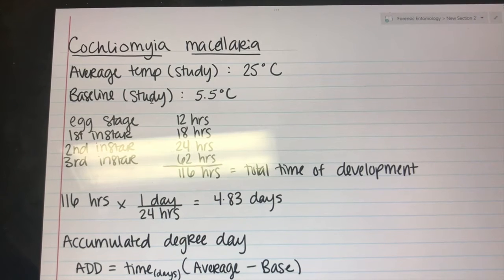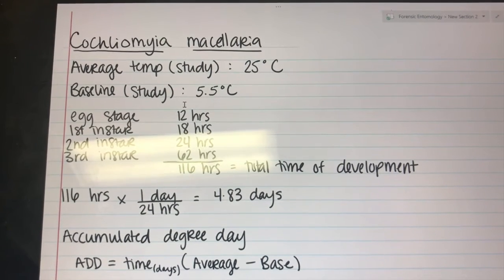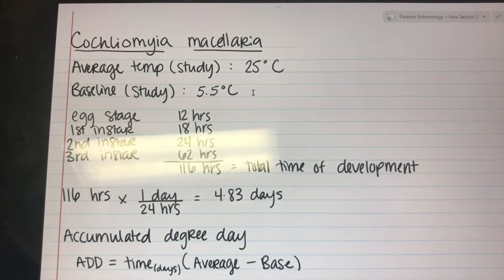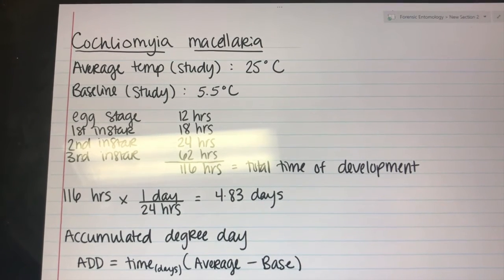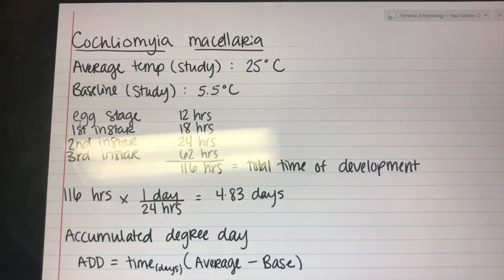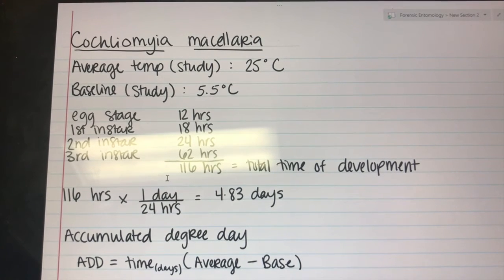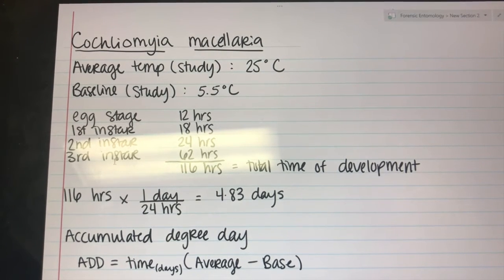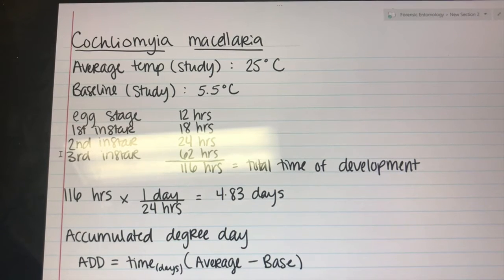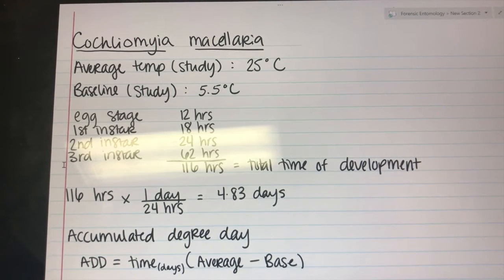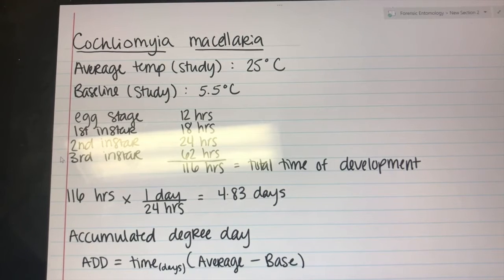The baseline temperature of the study was 5.5 degrees Celsius, as explained earlier. Then we have the hours of total time of development from the study. So you simply total those hours up to third instar, because third instar is what we identified on the body on that day that we highlighted earlier.